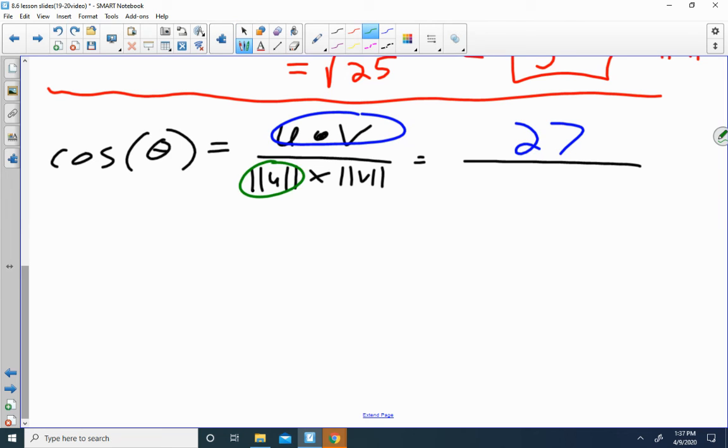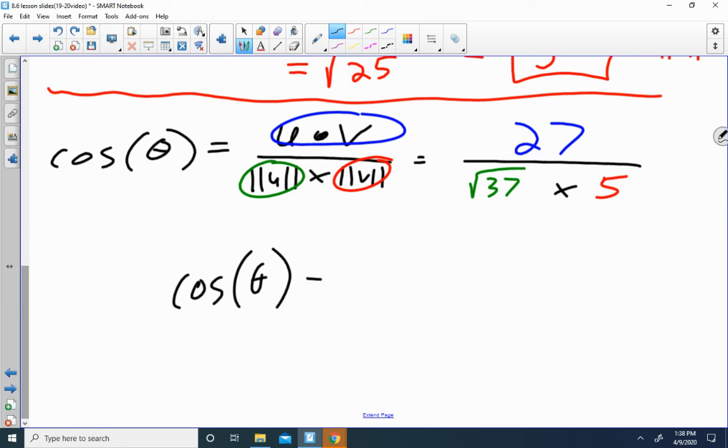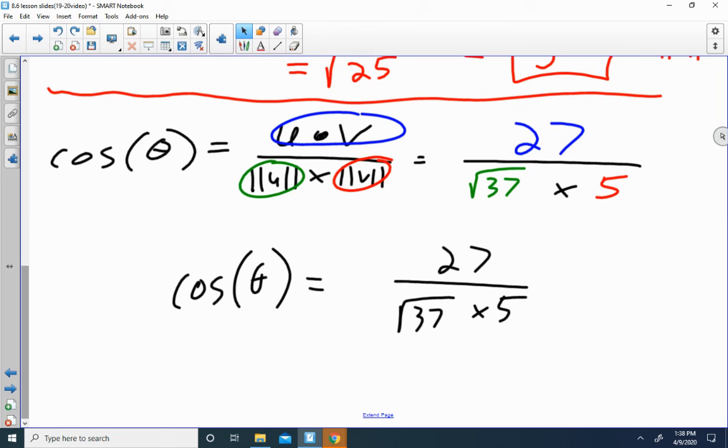The magnitude of u, we got the square root of 37, and we multiply that by the magnitude of v, which we ended up getting 5. So in other words, the cosine of theta is going to be equal to 27 divided by square root of 37 times 5.